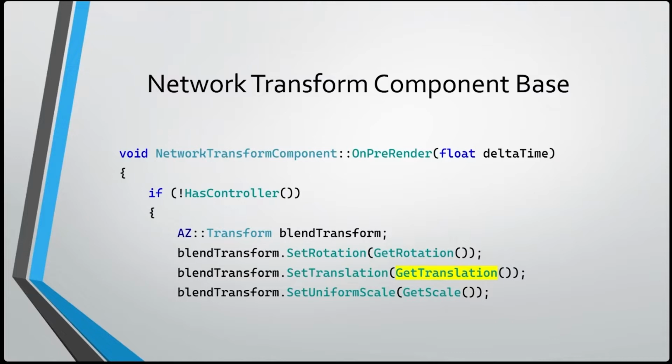And it says, hey, if I don't have a controller, if I'm a client and I'm not player-owned, that means I just need to obey what the server tells me in terms of location, position, rotation. So in this case, you can see it just says GetRotation. Now GetRotation is your getter from the base class that's generated by XML. It's the same thing with GetTranslation as well. That gets you the latest value that the server sent to the client. So this is the read-only client view.